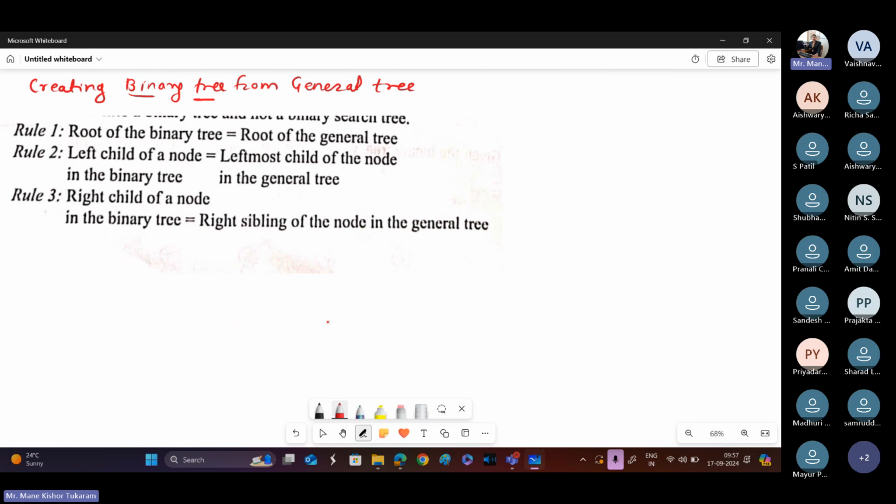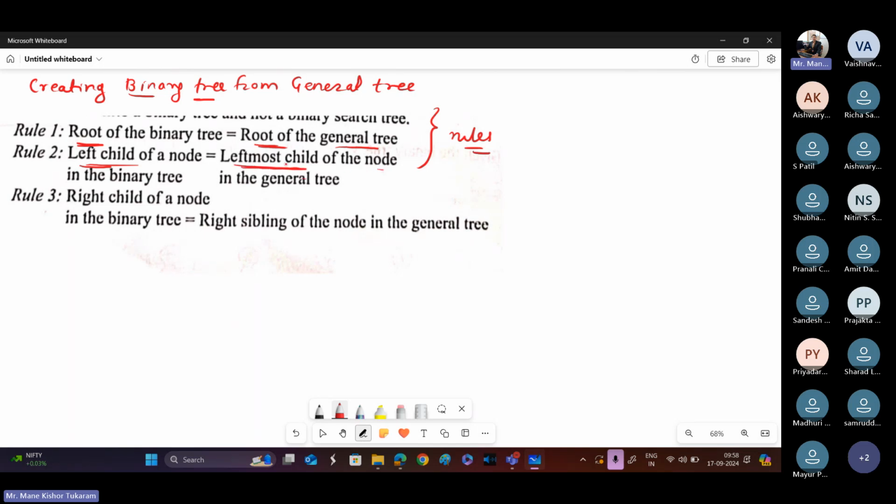Okay. So these are the particular rules which we want to follow. Okay, so first one is that root element of the binary tree is equal to root element of the general tree. Then second is left child of the node is the leftmost child of the node in the general tree.